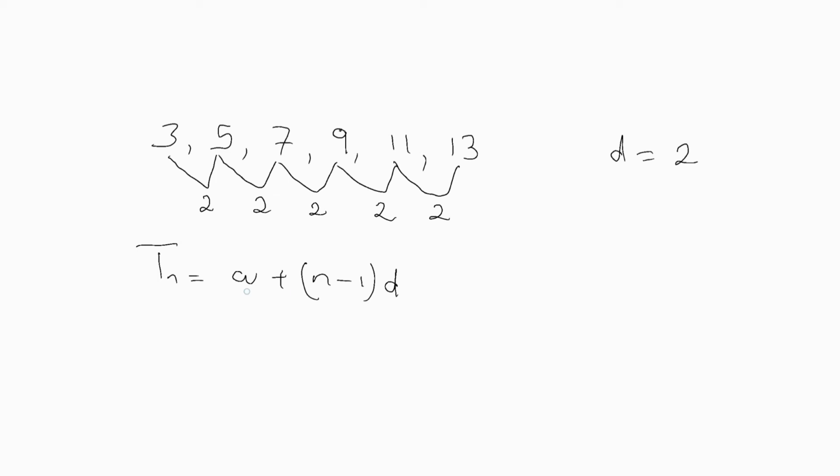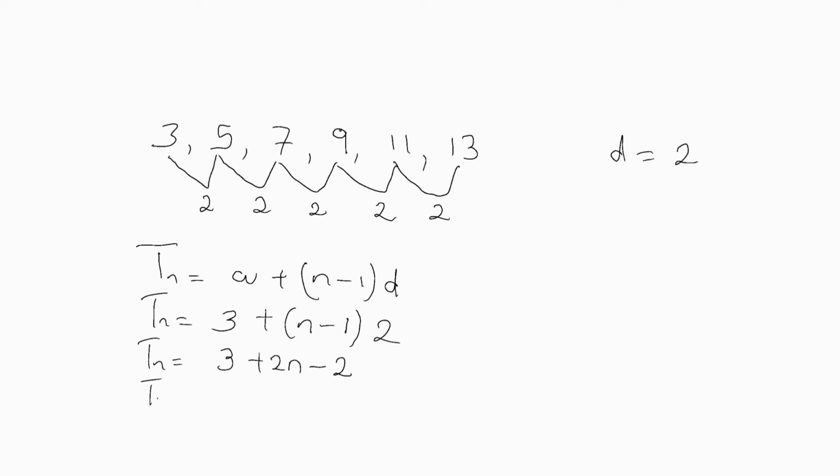So let us substitute in the equation. Tn is equal to, the first term is 3, plus (n minus 1), d is equal to 2. Tn is equal to 3, 2 times n, that is 2n, 2 times negative 1, that is negative 2.